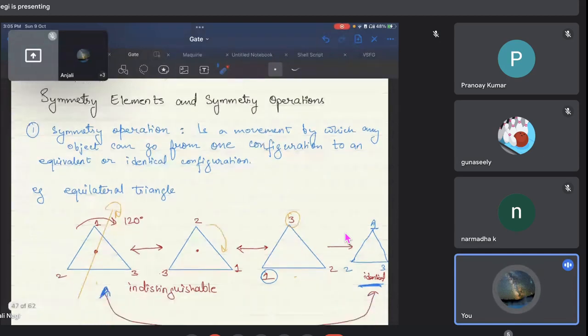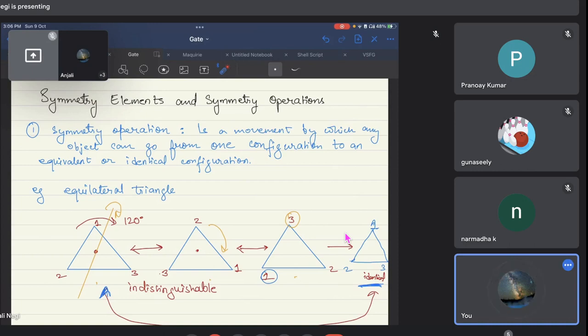By equivalent and identical, I hope you understand that these two are very different. If I am tagging a particular hydrogen atom in a water molecule, after some rotation around one axis, that particular tagged hydrogen atom will not be in the position that it was before.